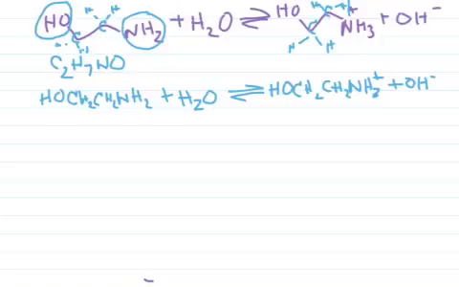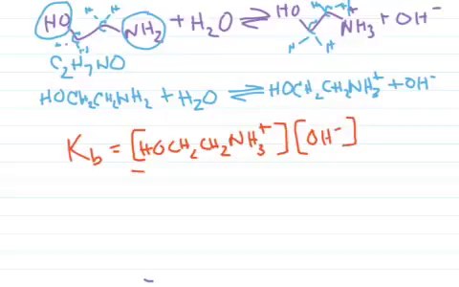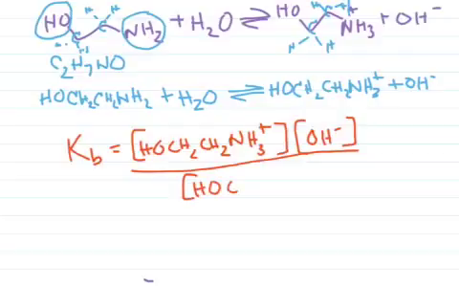Now the Kb is going to equal the acid, the HO, CH2, CH2, NH3 plus, the hydroxide, OH minus, all over the base, HO, CH2, CH2, NH2.